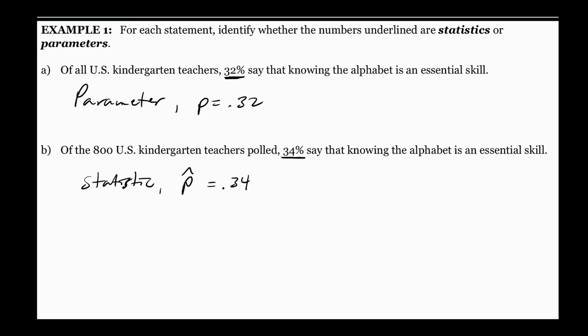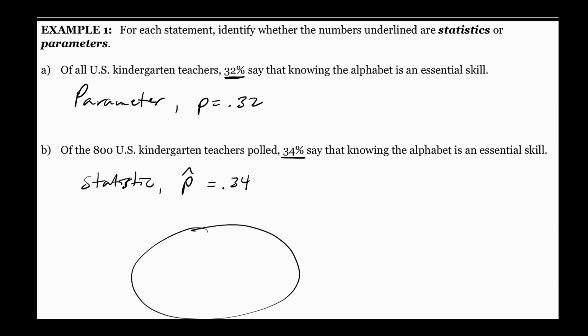Okay. I have a question. They asked the same teachers, right? So why is one 32% and one 34%? Isn't it the same question? Why are the percents different? So 800 is the sample, right? So maybe those 800 were the same teachers up here, right? Because this is the subset, right?